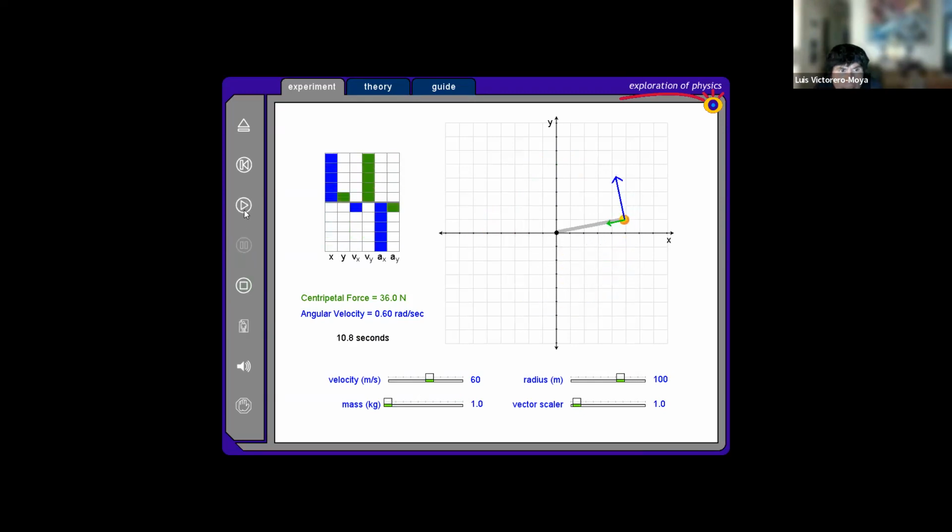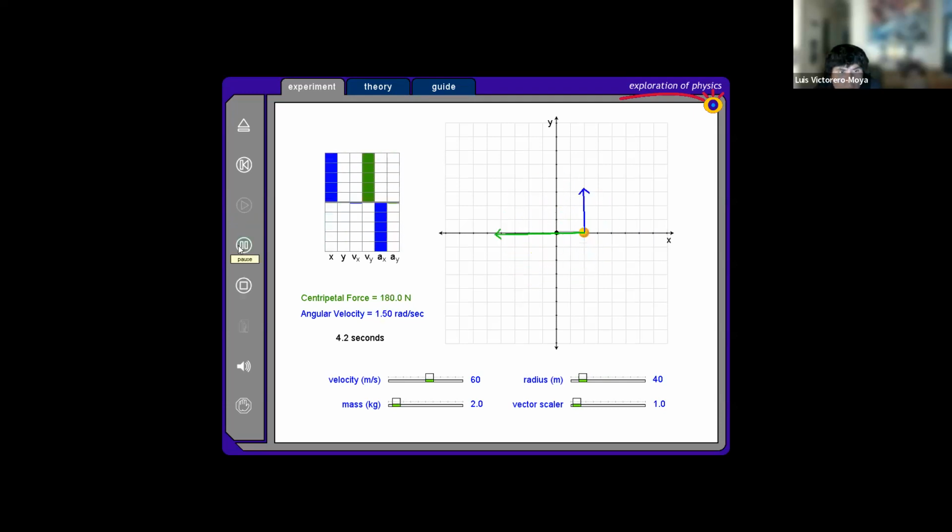Okay. Then you want to change. You want to double the mass, but if you double the mass, you also want to double the radius. But there's a problem though, it doesn't go that far. So you want to start maybe with 40 and with a mass of 2.